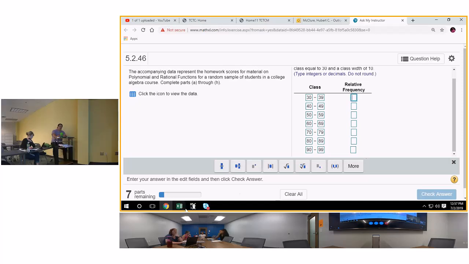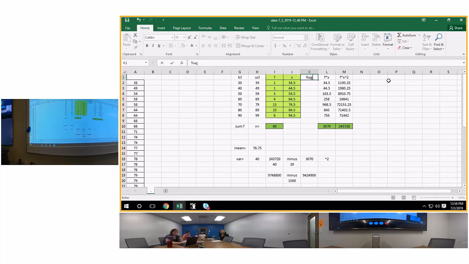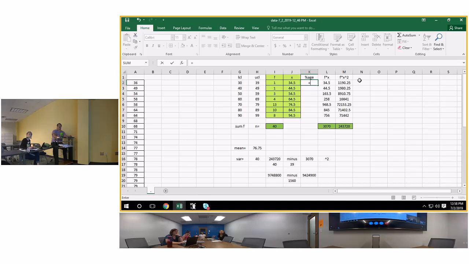And what is the common layman's term for the relative frequency? The percentage. So right up here, put percentage. That's the 25-cent word for relative frequency. So 1 divided by 40, block 40, F4, and then copy down.